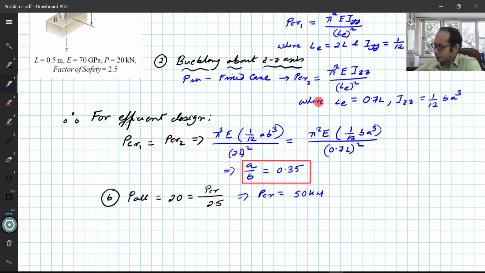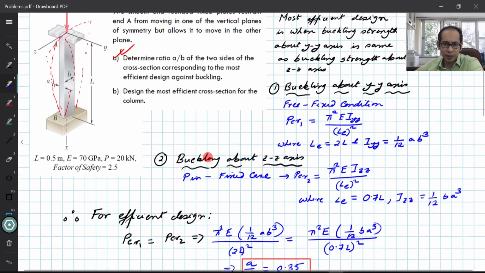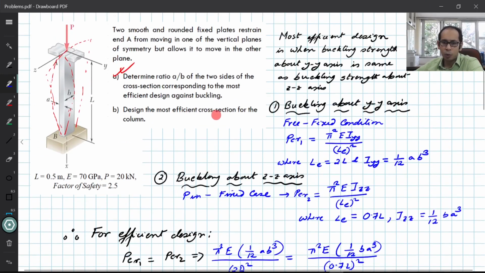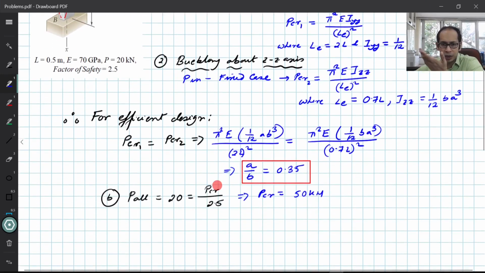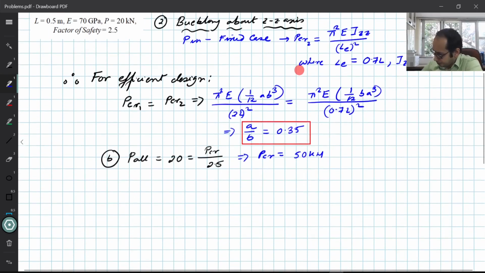Now if you substitute this into either this equation or this equation, remember we had equated them, A and B are now structured in a way that these two are equal for the most efficient section, and the problem asks you to design the most efficient section. So if you substitute in either of them, let me substitute in this particular case over here and see what value of A and B I get.